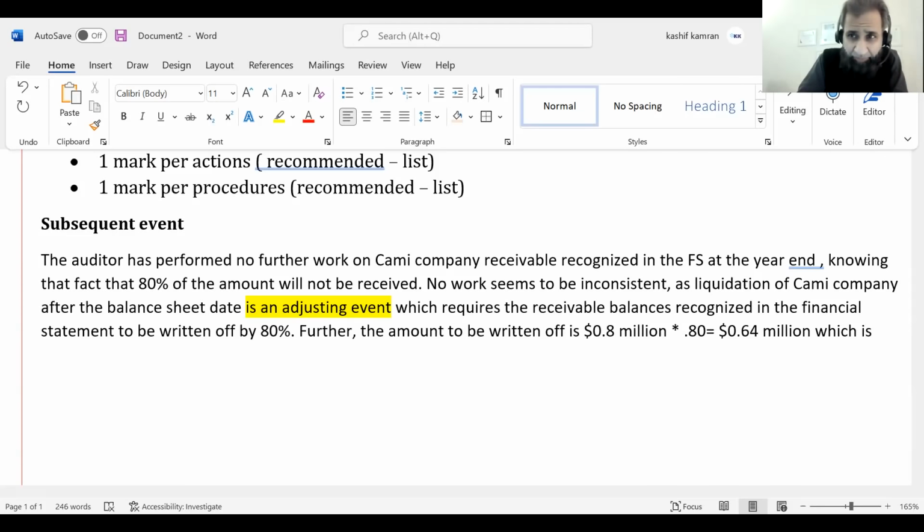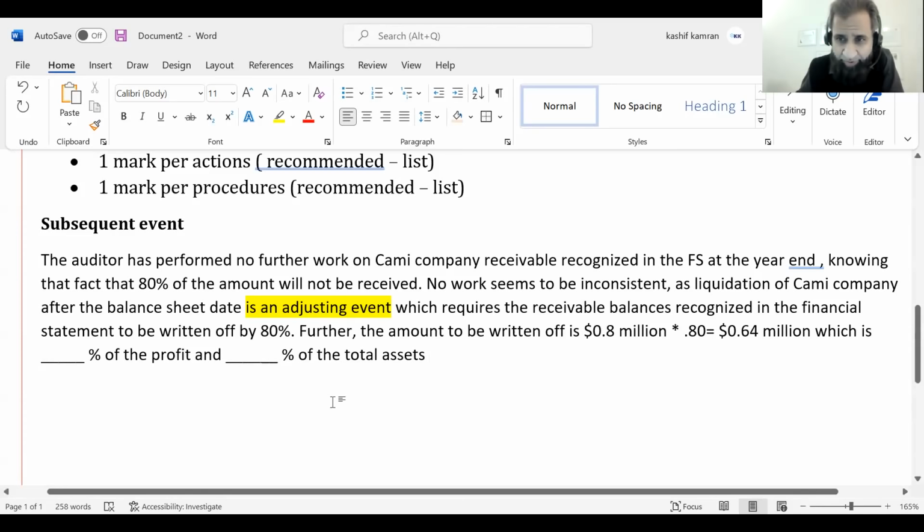Which is how much percent of the profit? Which is a fill in the blank percentage of the profit and a fill in the blank percentage of the total assets, because there will be an effect on the total assets and there will be an effect on the profit. Can anyone find me the percentage?